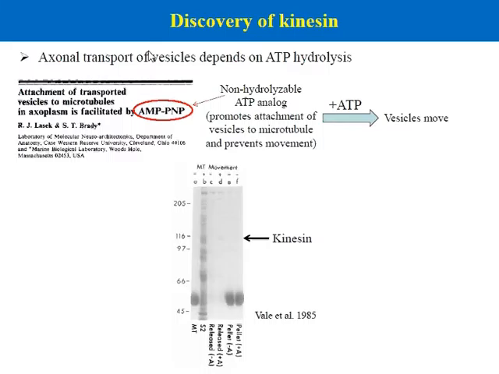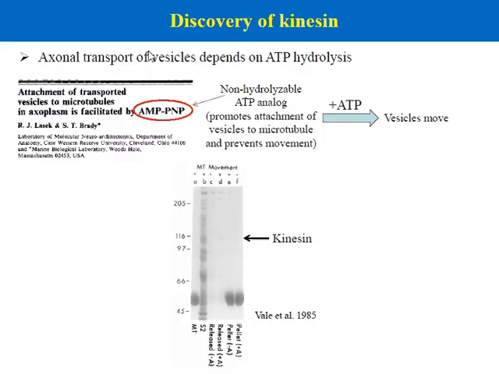Because of this observation, Ron Vale, a famous researcher who did a lot of work on this, actually discovered kinesin. So here are the microtubules, and then you add the supernatant from the extract, then you add the AMP-PNP, and in that particular lane, you add the ATP.